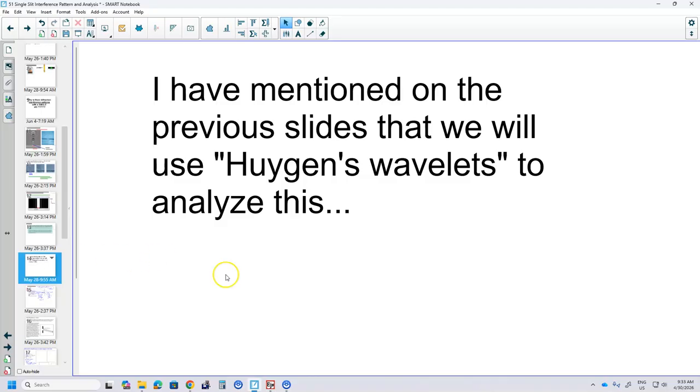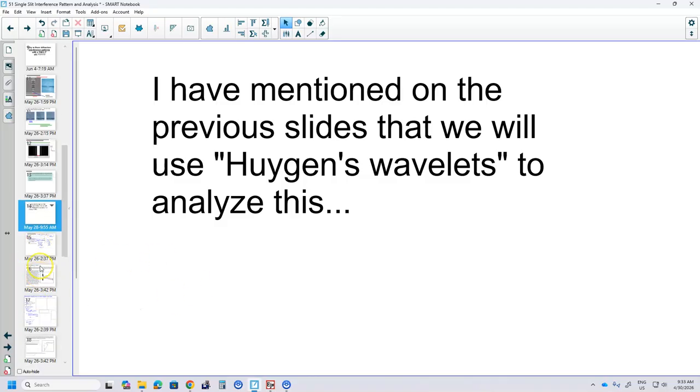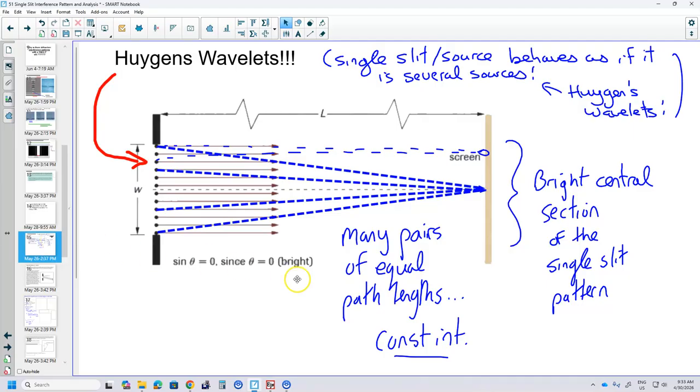We've mentioned that Huygens wavelets are going to be used to analyze this. Let's look through the idea of it. We're not going to do this too rigorously, but I think it makes sense, okay? In this central area, many pairs of light arrive in phase, with equal path lengths and so on. So you're getting constructive interference in this bright center section.